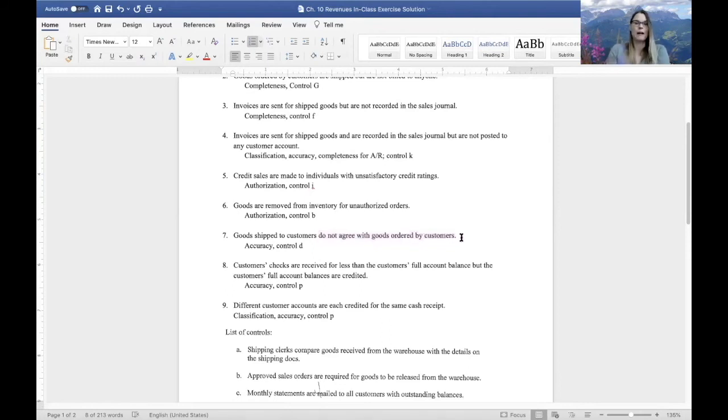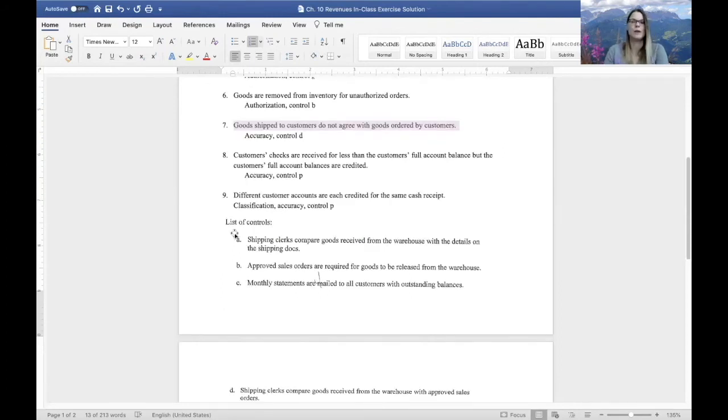But that control is not going to help us stop from shipping the wrong amount in the first place. And that's what we're really looking for here, is a control that's going to help us stop shipping the wrong amount in the first place, like prevent this, not a control that's going to help us solve the problem when they return the extra stuff to us.